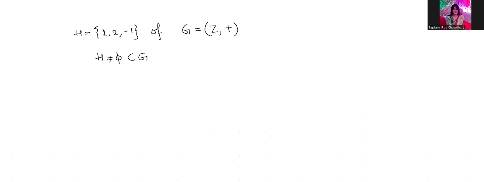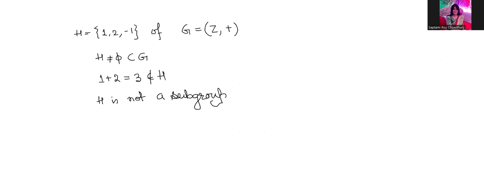Now, if you add 1 plus 2, that is equal to 3, which does not belong to H. That means H is not a subgroup of G equal to Z comma plus. Then if you understand this example, solve for the next one.